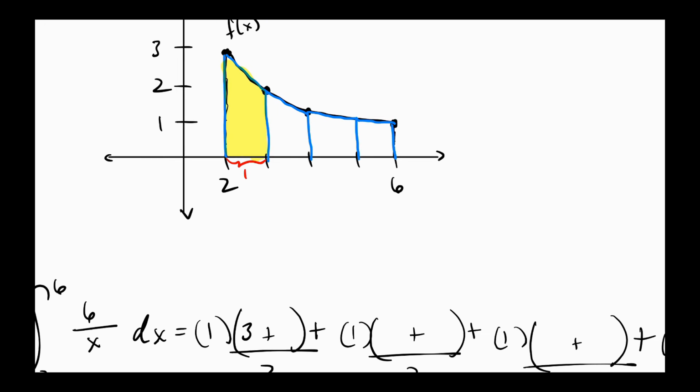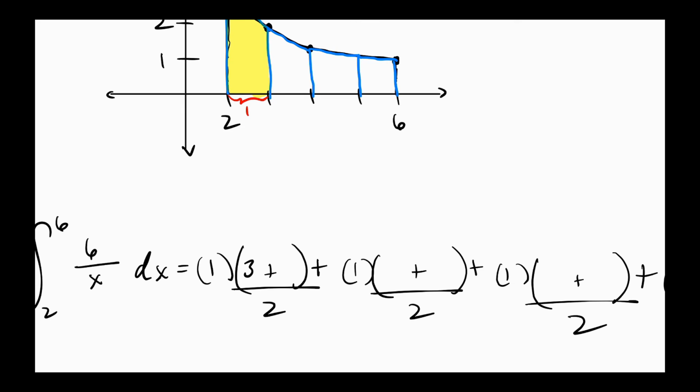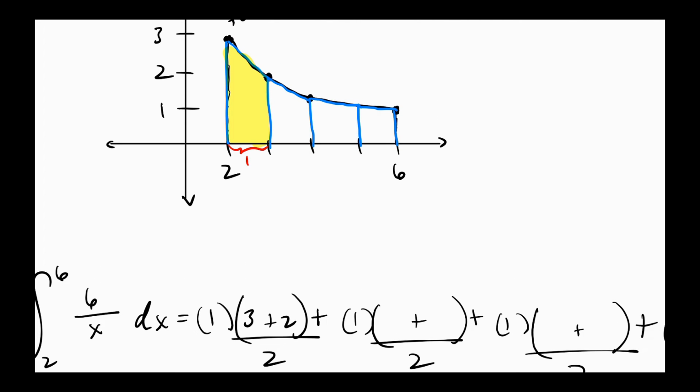Okay. The next one is right here. The right side, the right base. How tall did we say that's going to be? 2. Okay. Done with the first one. Next trapezoid right here. The height is going to share the same as the last one.